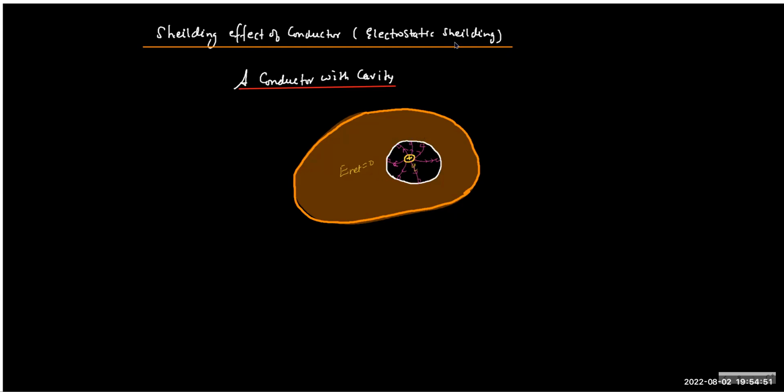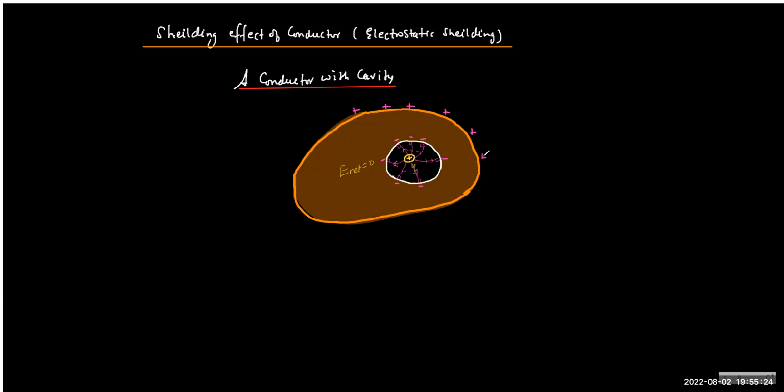So a non-uniform charge distribution will appear on the inner wall of cavity. Is this clear? Tell me, guys, yes or no? Yes, sir. And if the negative will appear on this inner wall of cavity, then plus will appear somewhere. Where? Outer wall.